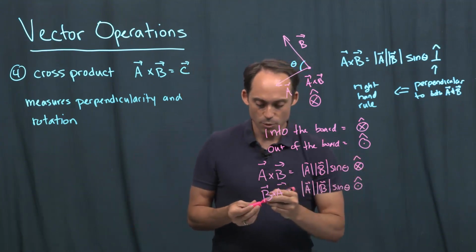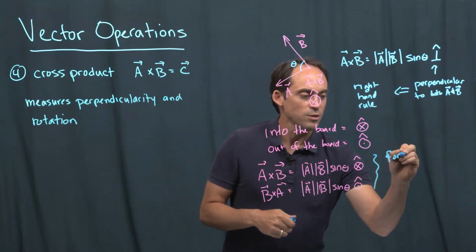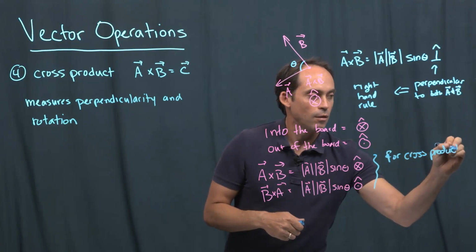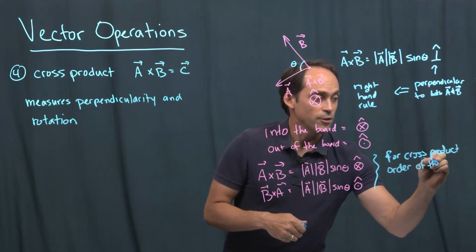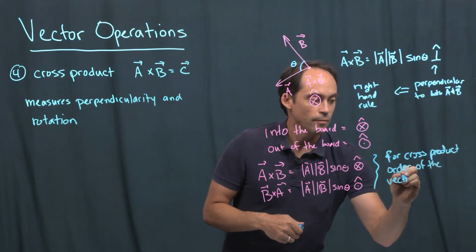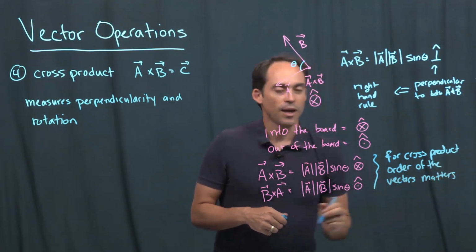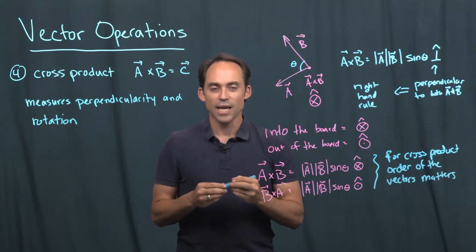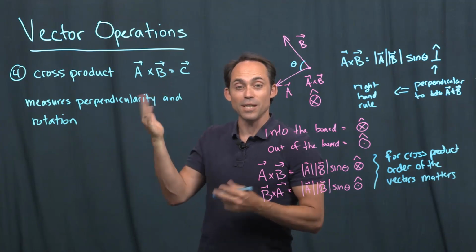So the take-home point for this is that for the cross product, the order of the vectors matters. And if you think about it in terms of the cross product measuring something like rotation, it does make a difference if we're rotating from B to A versus A to B. That's a different motion.